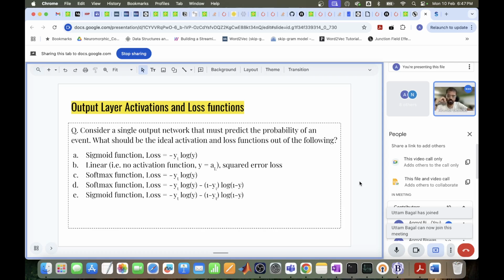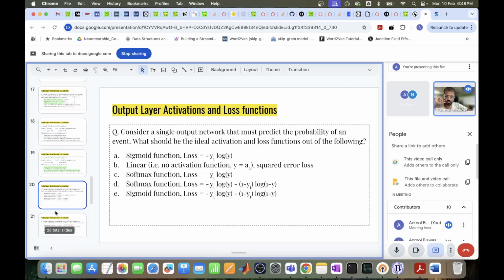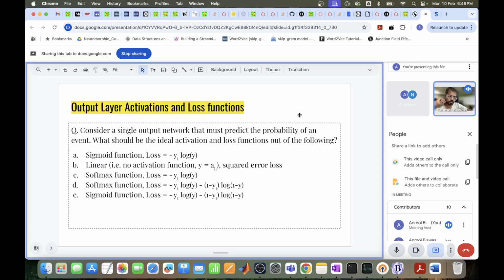All right. Consider a single output network, right? In the previous cases, we had considered multiple output networks by default. Here we consider a single output network, so the output size is one, and it just outputs one value. What it must output is the probability of an event.